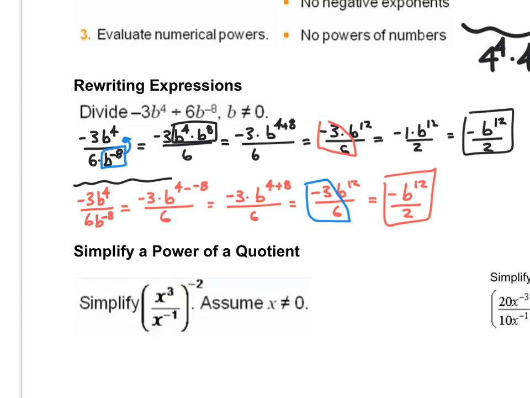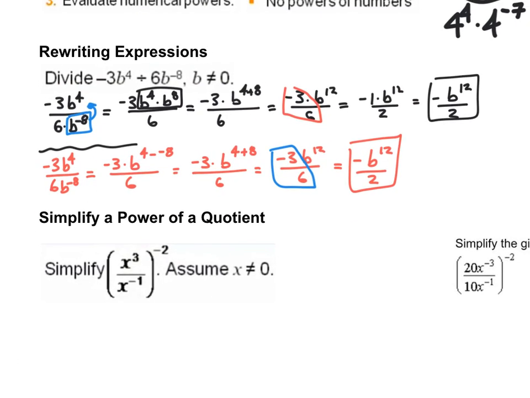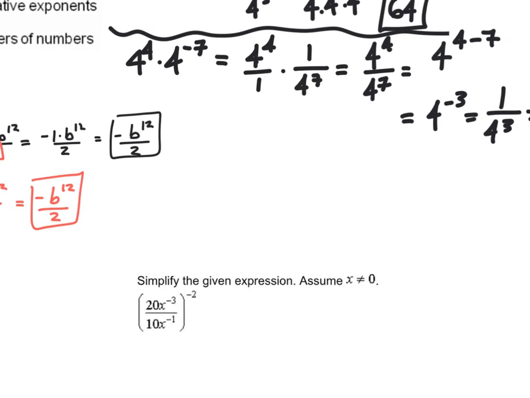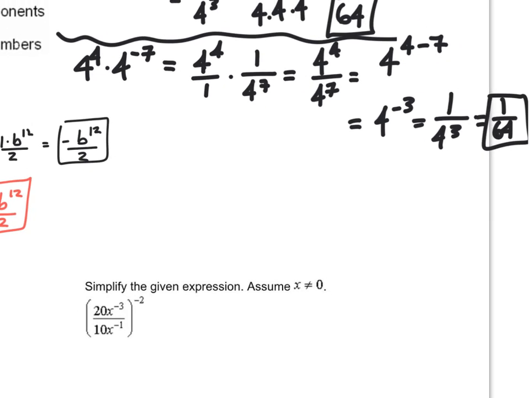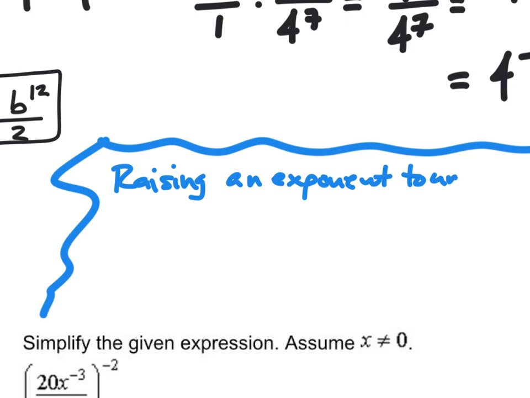Now, before we move on to this next one, what I want to do is talk about raising powers to a power. So let's come over here and write this in over here. I'm going to call this raising an exponent to another exponent.